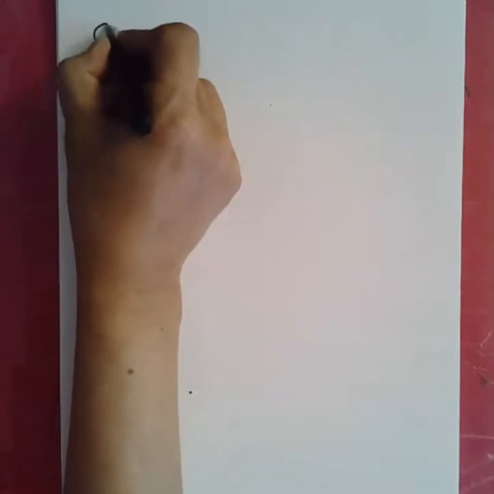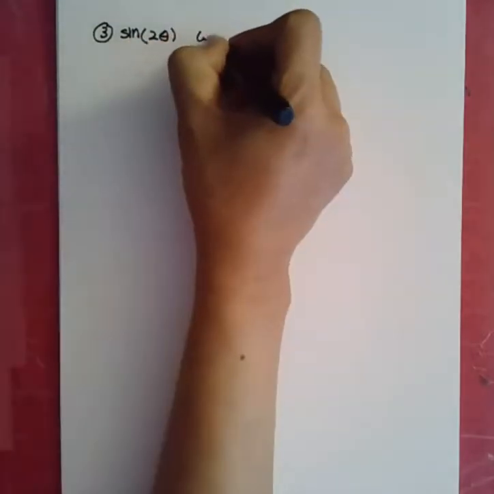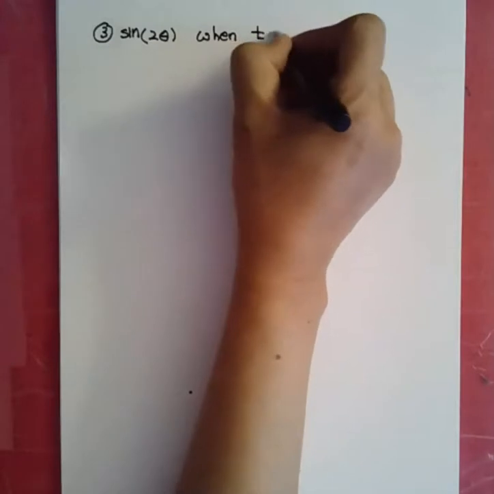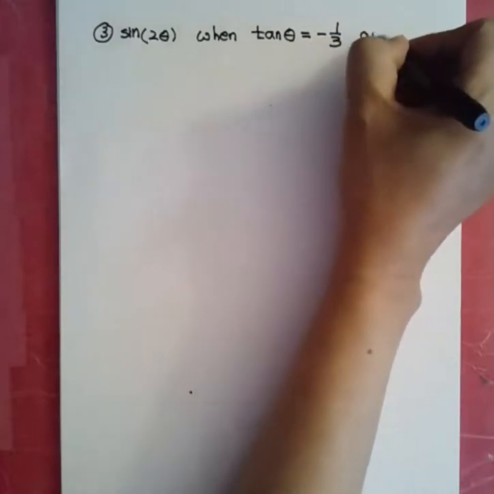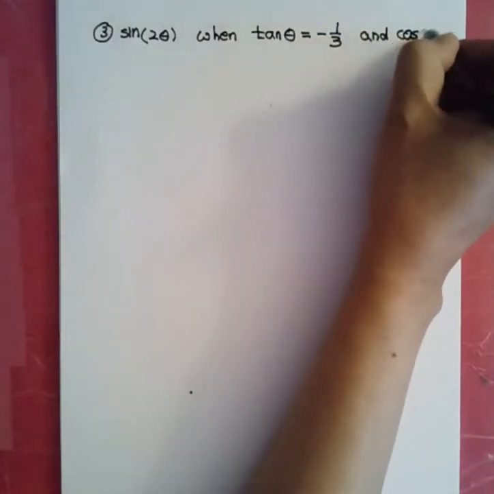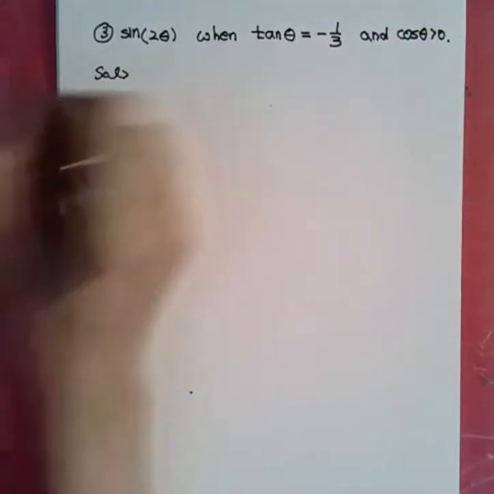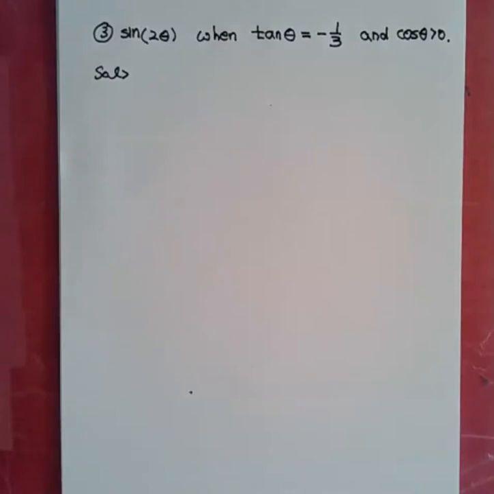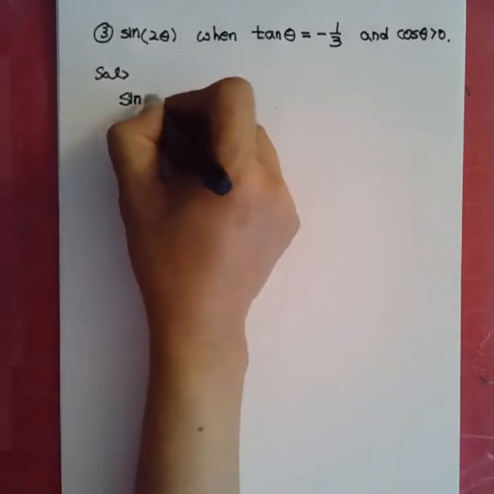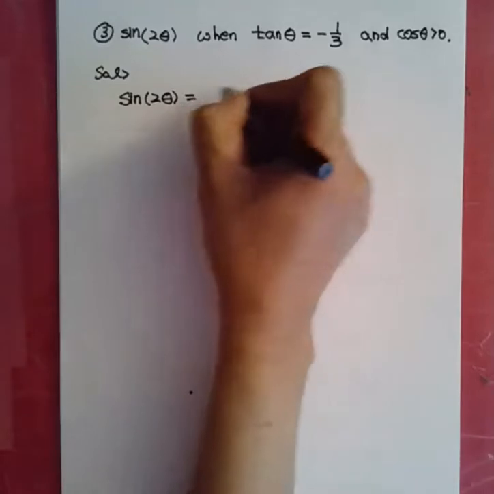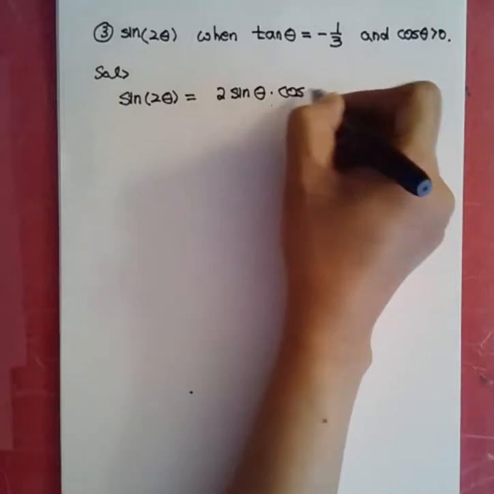The next problem is sine of 2 theta when tangent of theta equals minus 1/3 and cosine of theta is greater than 0. We have to use the double angle formula. So sine of 2 theta equals 2 times sine of theta times cosine of theta.